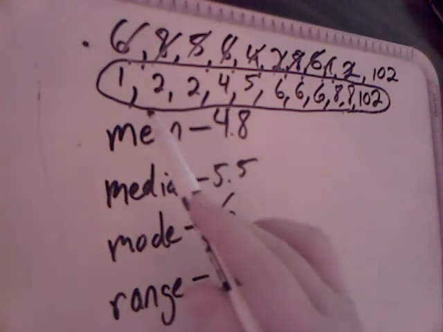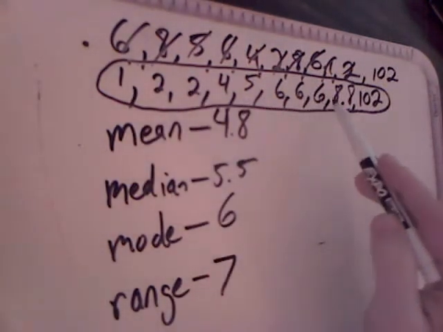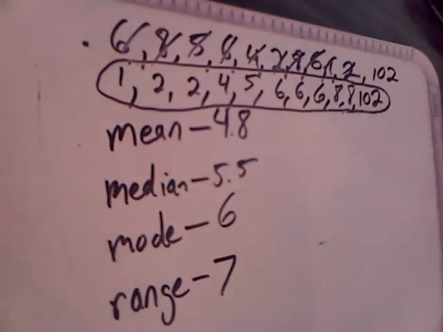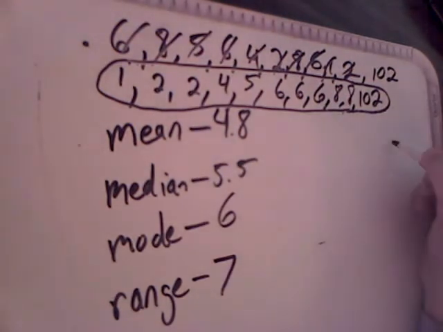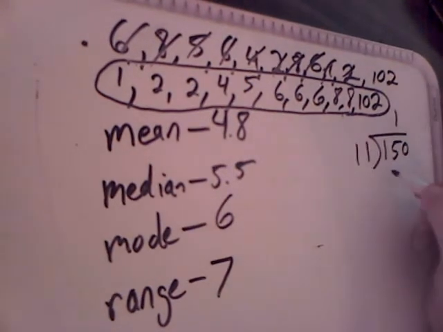The mean, when we add up 1 plus 2 plus 2 plus 4 plus 5 plus 6 plus 6 plus 6 plus 8 plus 8 plus 102, we are actually going to get 150. When we divide that 150 by 11, let's see what we end up getting. Does 11 go into 15? Yes, it does. It goes in 1 time.